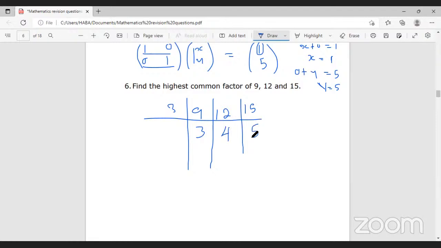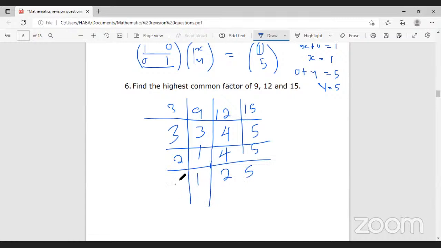By 3 again: 1, 4, and 5. By 2: 1, 2, and 5. By 2: 1, 1, 5. Then by 5: 1, 1, 1. We multiply all of it.